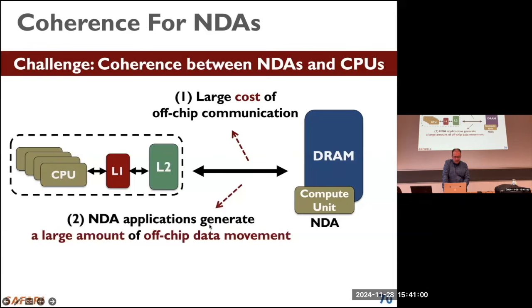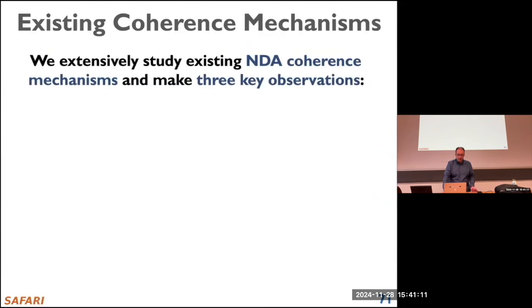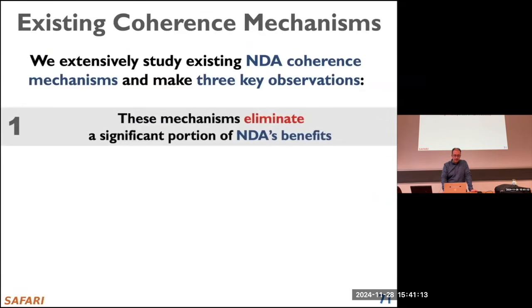NDA applications generate a large amount of off-chip data movement if you want to make it coherent. And it's impractical to use traditional coherence protocols. I'm going to show some results for that. We extensively study existing NDA coherence mechanisms and make 3 key observations.